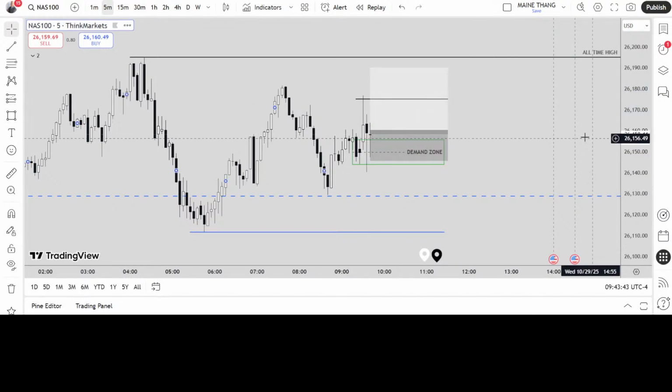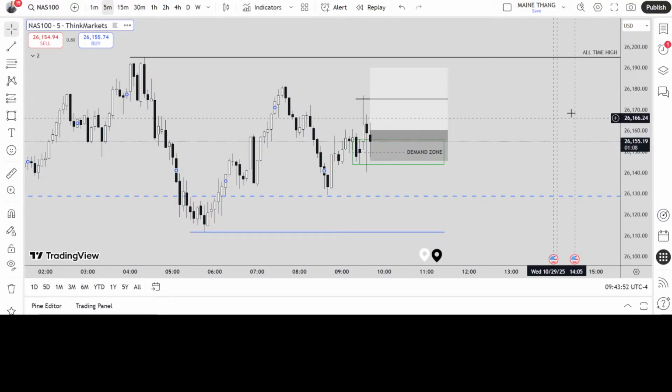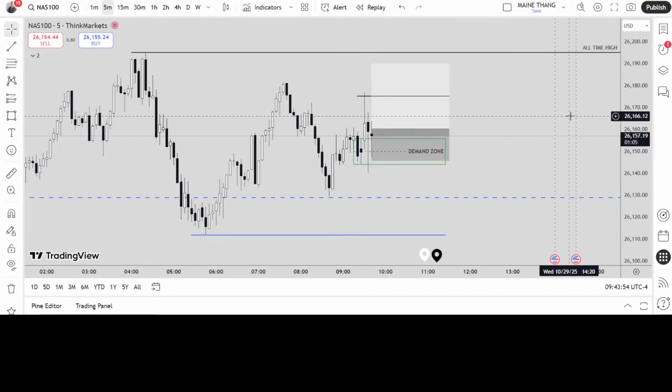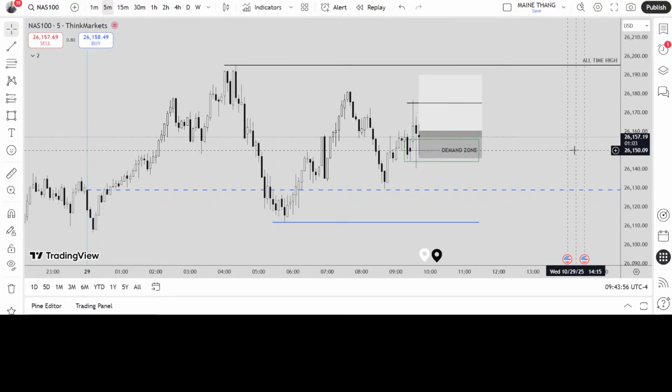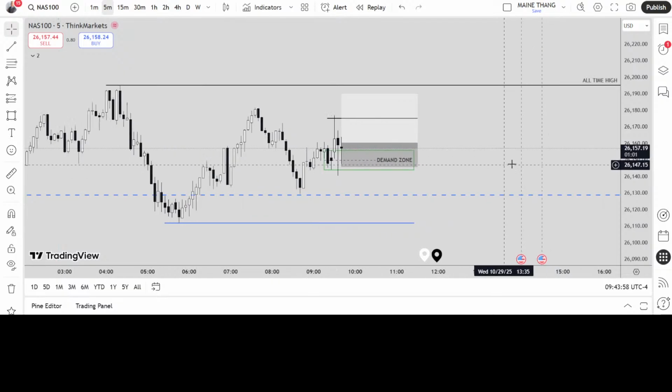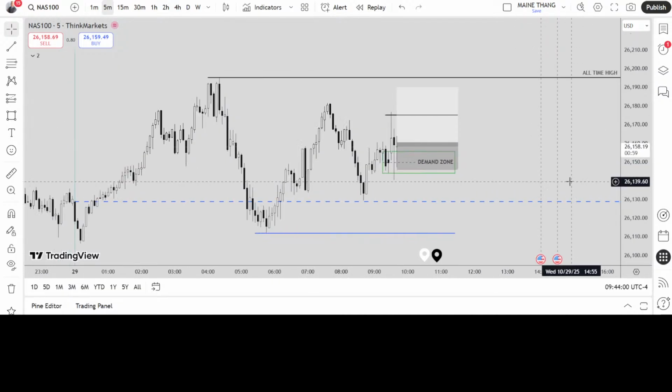It's not worth the risk. Again, we don't have to take a trade every day. We want quality setups. Quality setups.